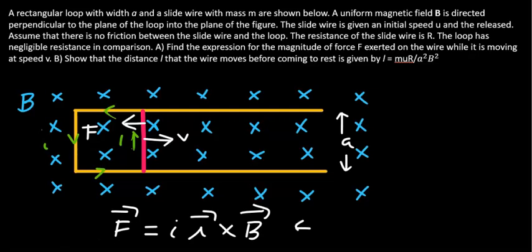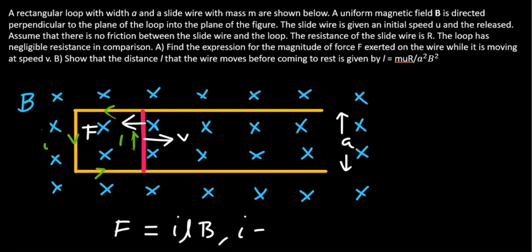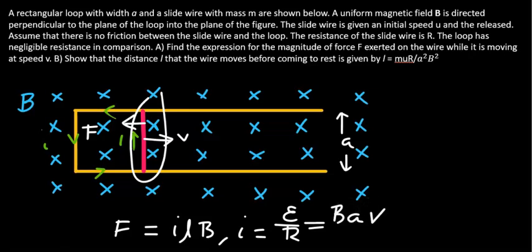So from this equation we know the magnitude of the force is I times the length of that moving bar times the strength of the magnetic field, where the electric current is given by the induced EMF E over the resistance of that moving bar. Now we know the induced EMF is given by the strength of the field times the length of that moving bar, which is A, times the speed with which it is moving.